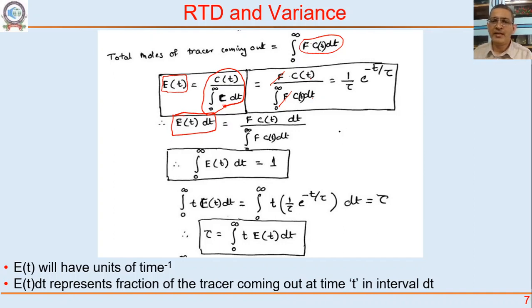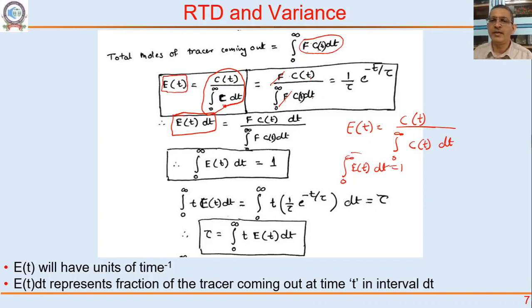So our definition of E(t) is C at time t divided by the integral from 0 to infinity of C at any time t dt, integrated over the whole time. And the integral from 0 to infinity of E(t) dt is 1.